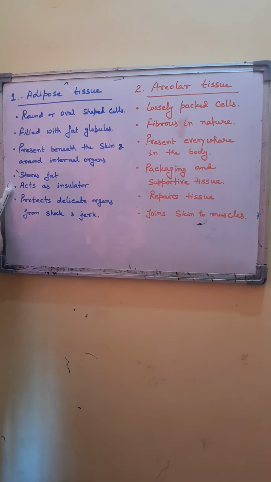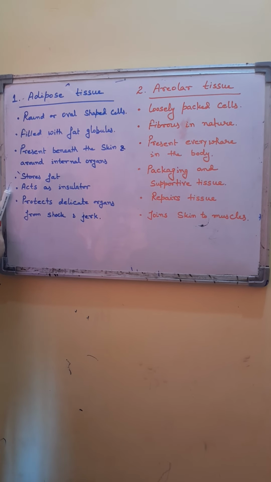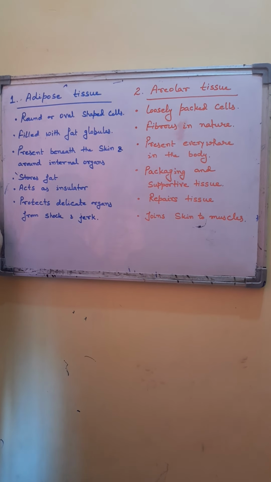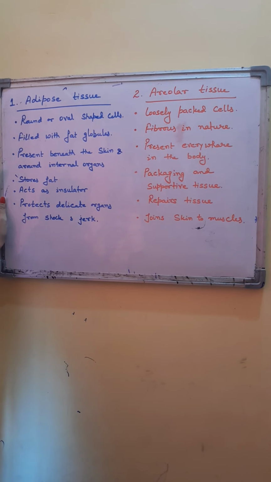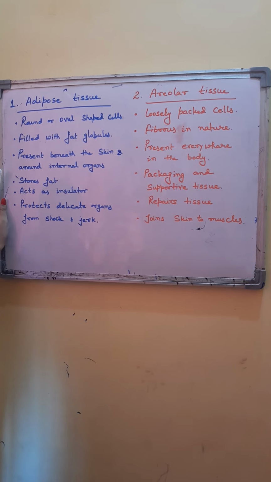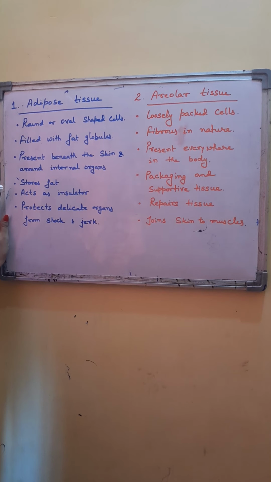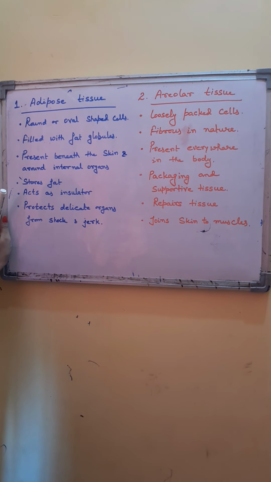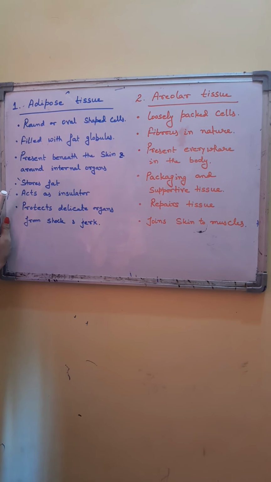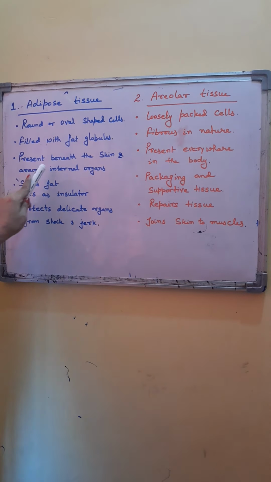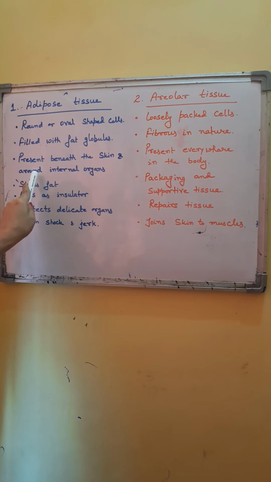It also acts as an insulator. As fat is an insulator, it keeps the body warm. It also protects delicate organs from shock and jerks. It is present, as stated earlier, around internal organs.